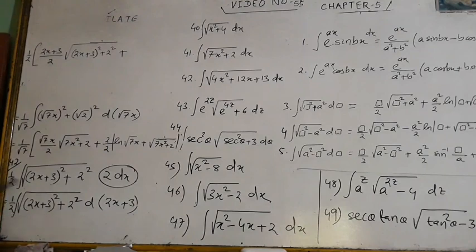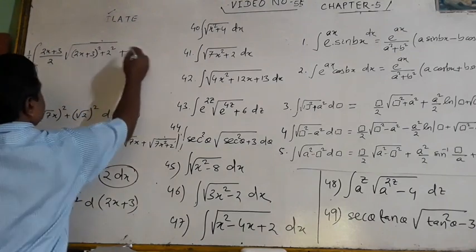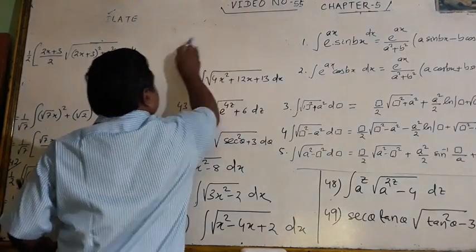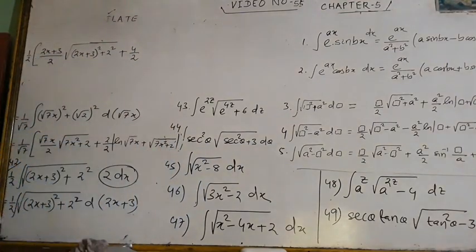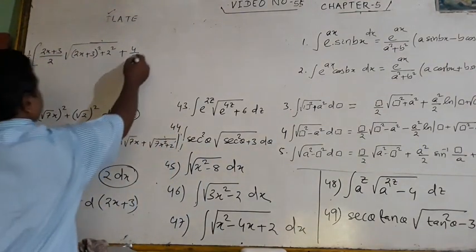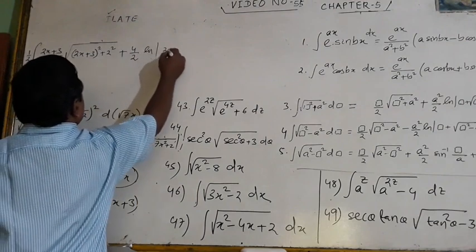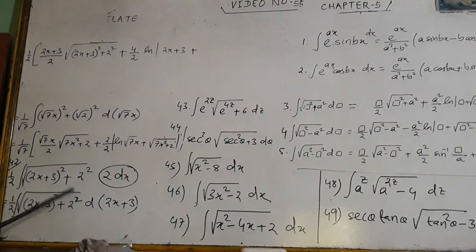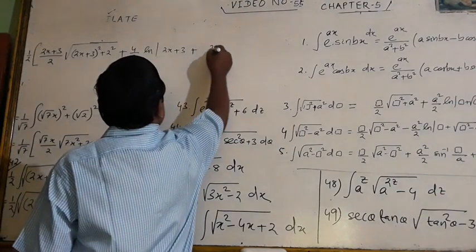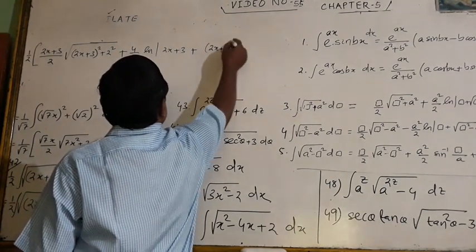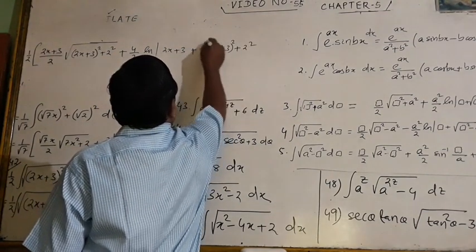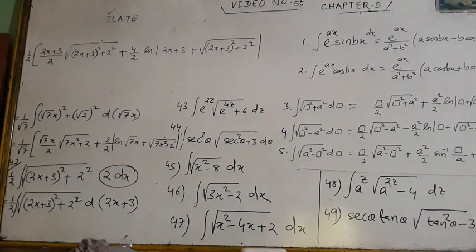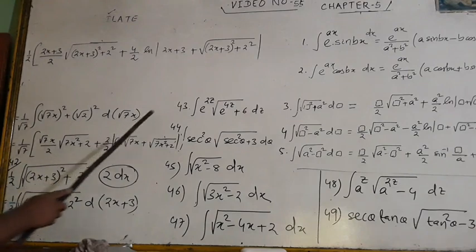A square means 4 by 2, ln of box, that is 2x plus 3 plus root of 2x plus 3 whole square plus 2 square. Okay, plus c.